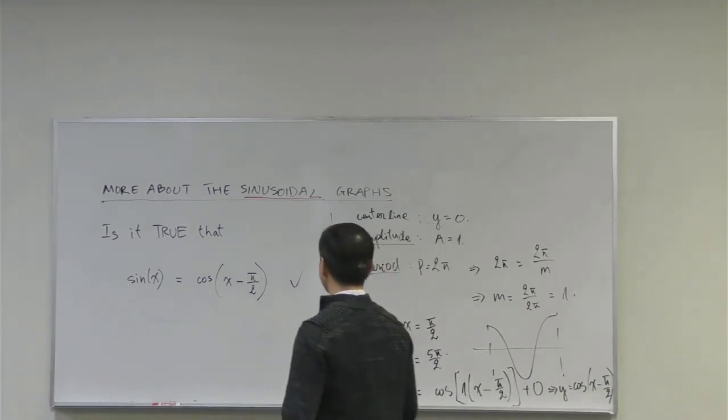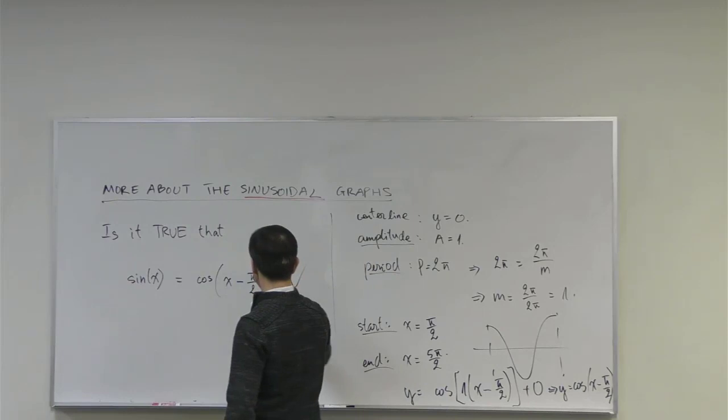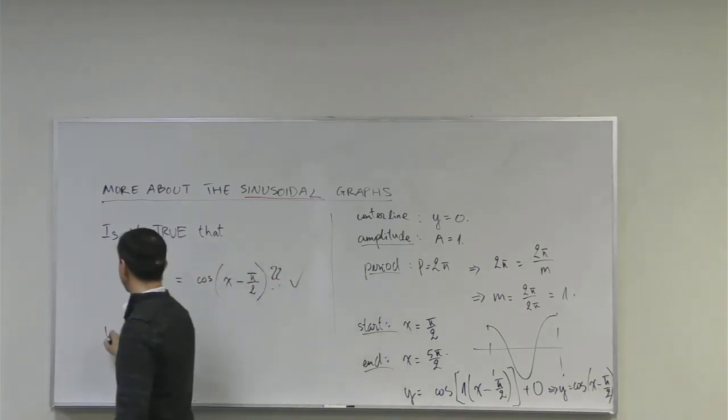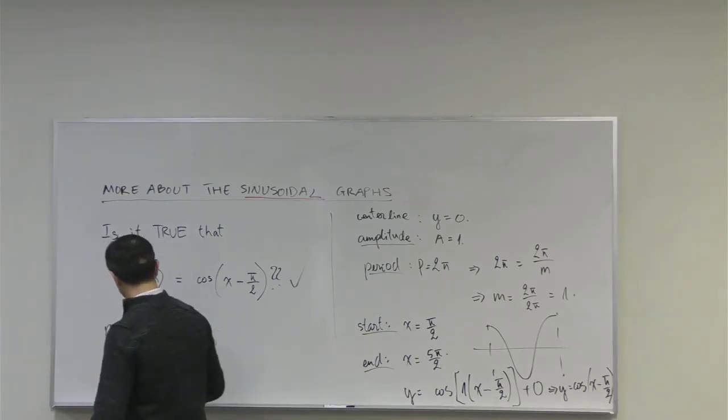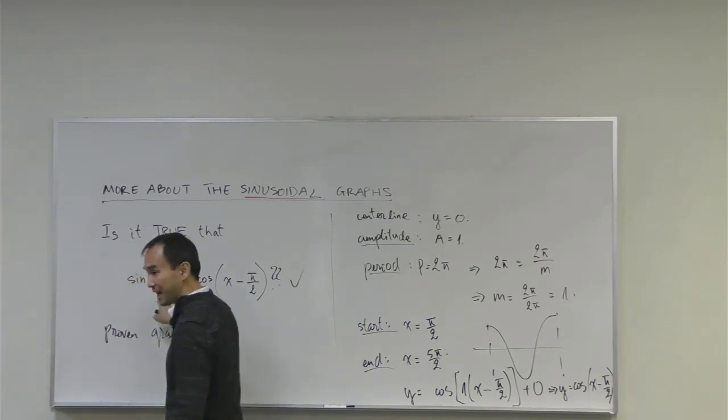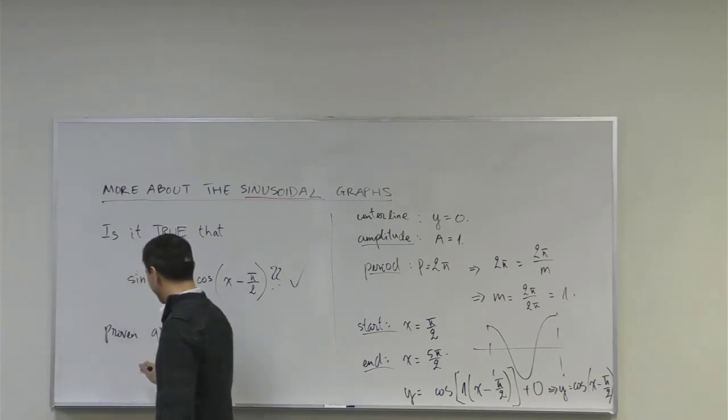Right? Yes or no? No, it's a yes, right? It was proven graphically. See what I mean? Right. So in that way, from now on, this will indeed become a new identity for us here. Sine of x, right?